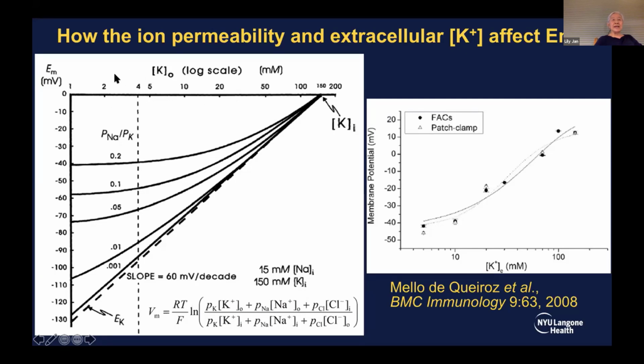And typically the external potassium concentration is in the millimolar range. And this plot on the right is an example of membrane potential measurement of Kv 1.3 expressing CHO cells, and that's measured at a range of external potassium concentrations.